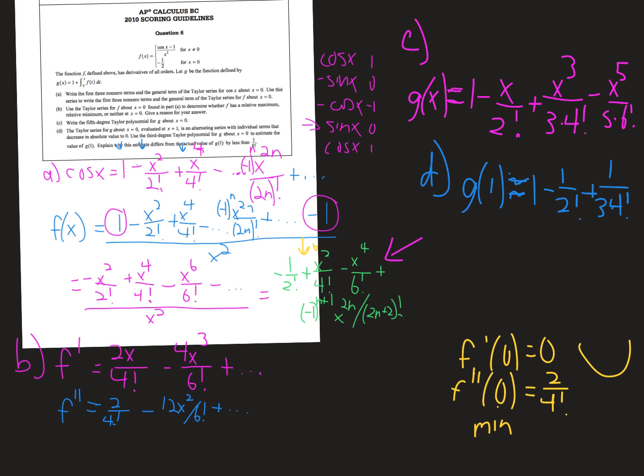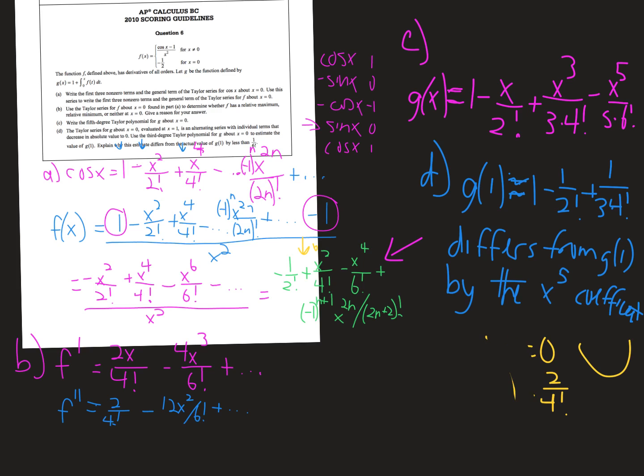Now show why this estimate differs from g of 1 by less than 1 over 6 factorial. It differs by at most the x to the 5th coefficient, because of the alternating series error bound.